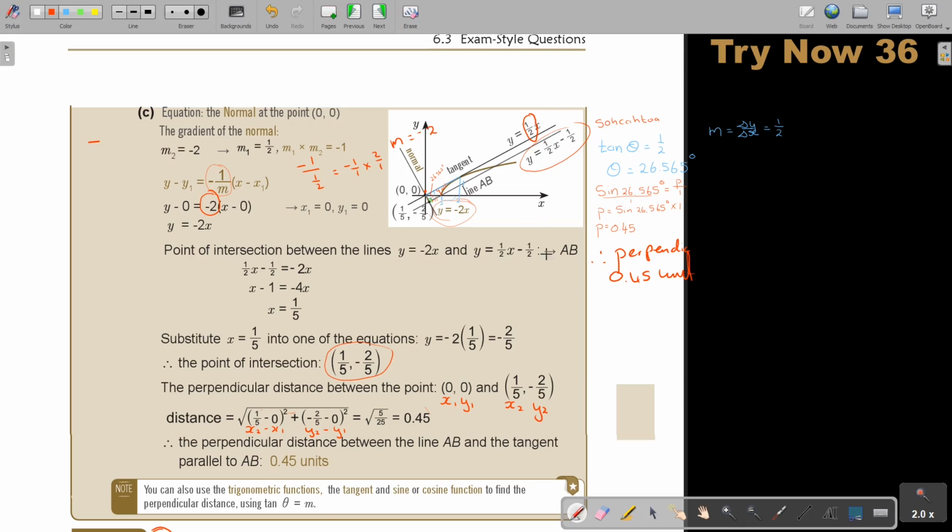I just wanted to show you this, then you can actually leave this and just do it with this method. That's what I was just explaining to you in this note.